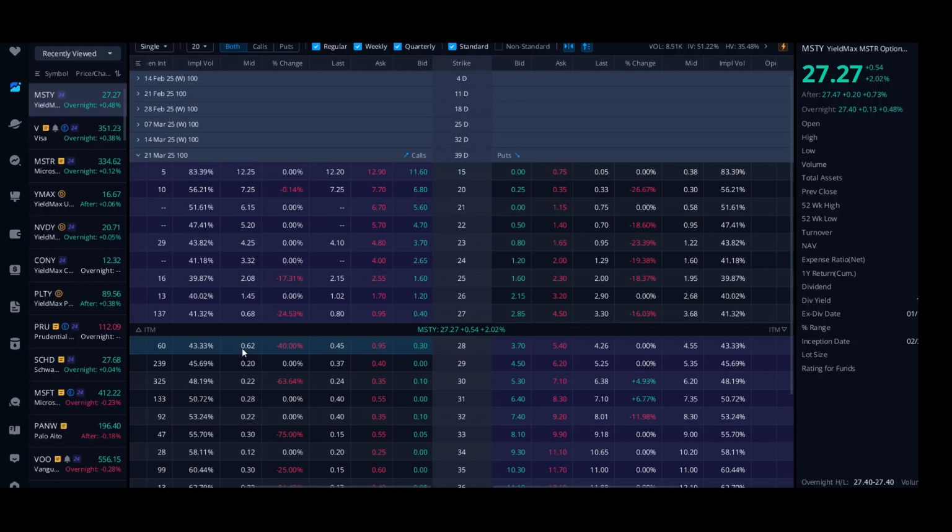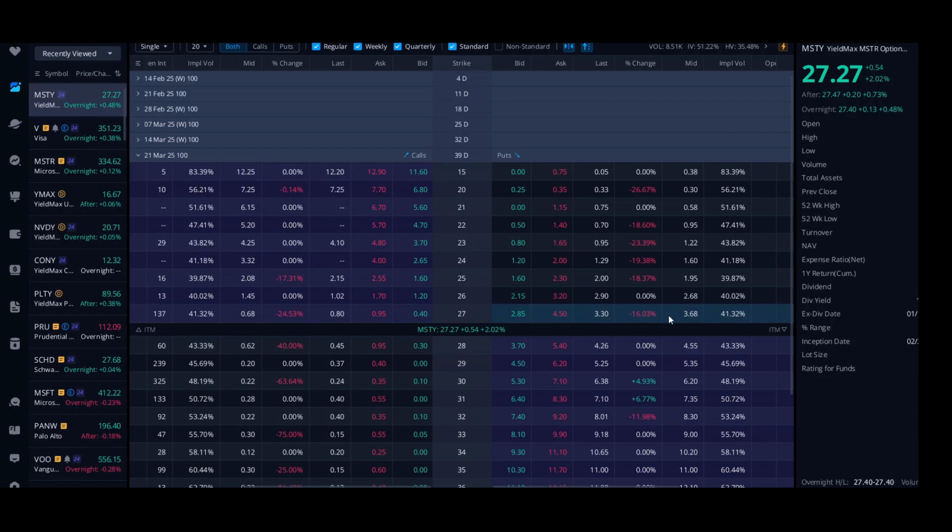So I'm kind of excited about selling some options on especially MSTY. It seems to pay pretty good premium, as you can see here. For a little over a month out, it's paying $3.68 premium for an at the money put strike of $27.